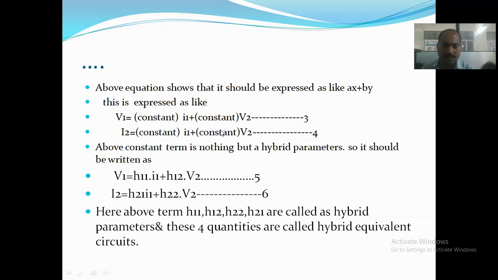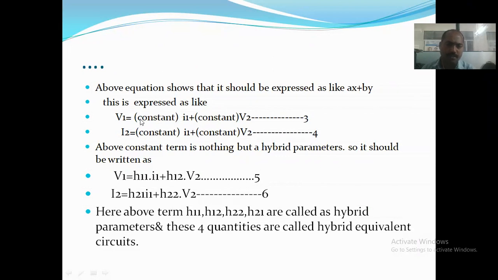So the constant h is already there, and this h is with respect to current 2 and voltage 2. That's why here h22, right? So the equation is I2 is equal to h21 into I1 plus h22 into V2. Okay, so the above constant term is nothing but a hybrid parameter, right?